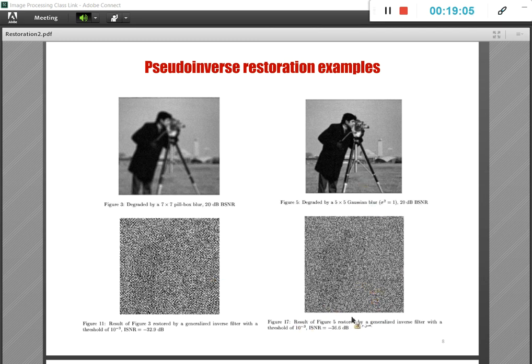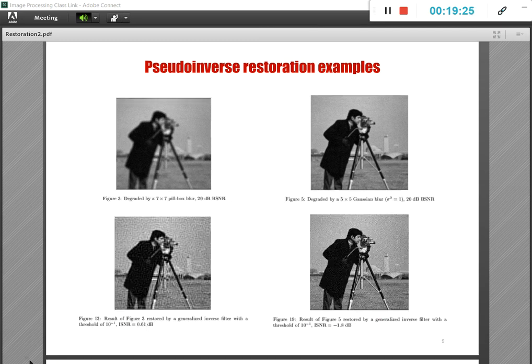Why? Because the result of figure 5 is restored by a pseudo inverse filter with a threshold epsilon of 1 over 1000 again, and you see that ISNR is again negative. These two items are bad. But go to the next slide.